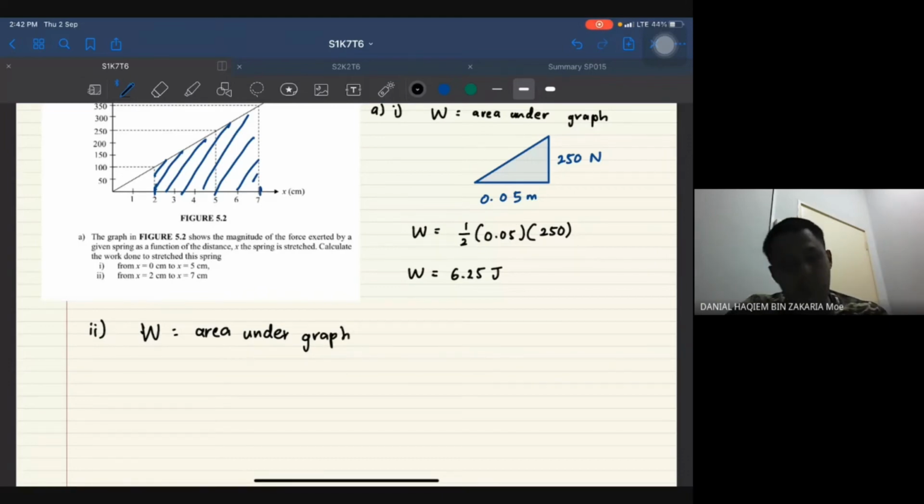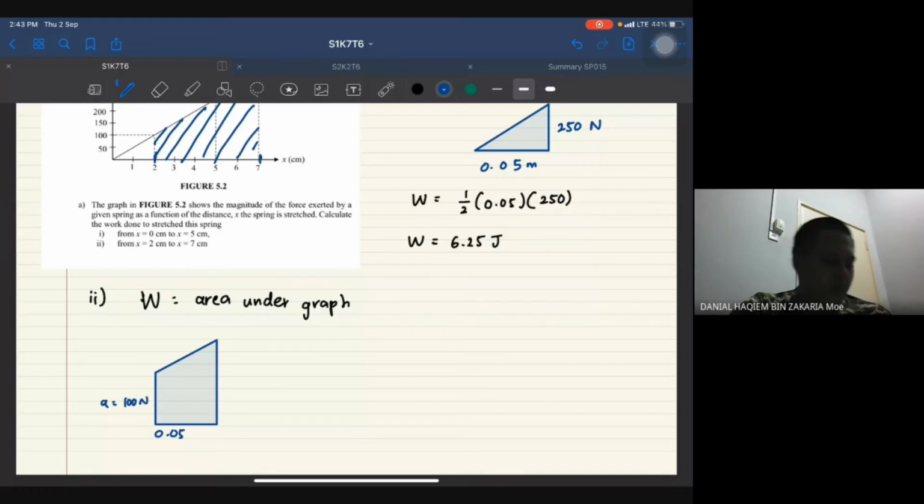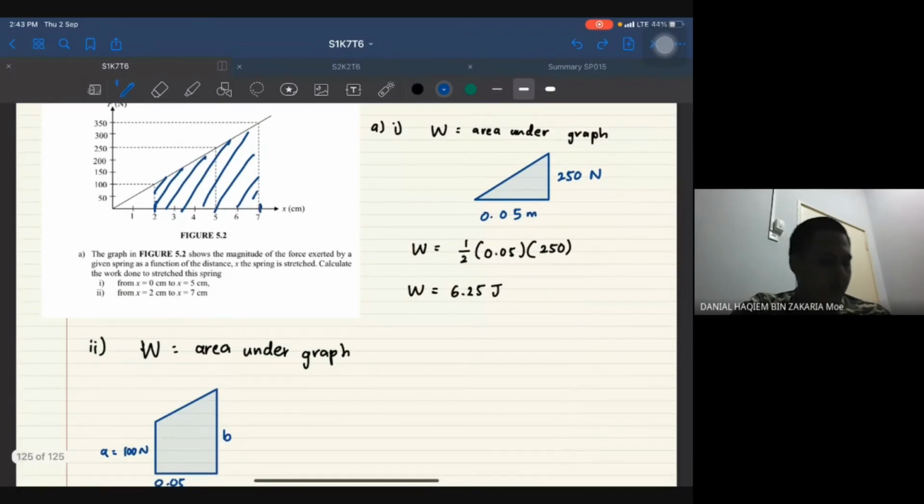This time it is a trapezium, so I'm going to draw it out for you. The base there is 5, again 0.05. A is equal to 100. B is equal to 350.